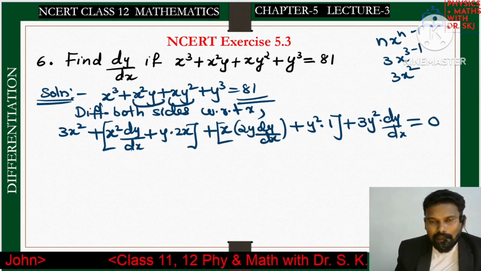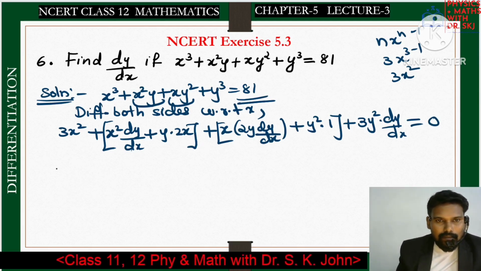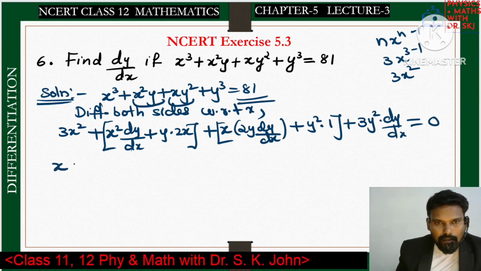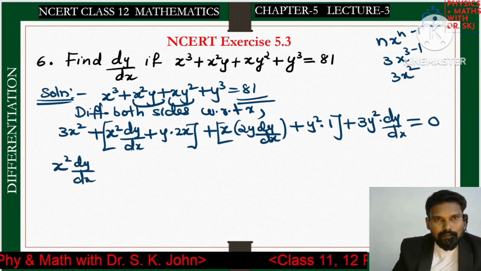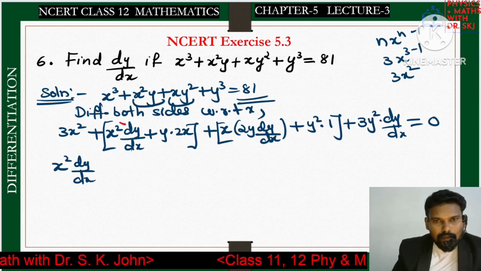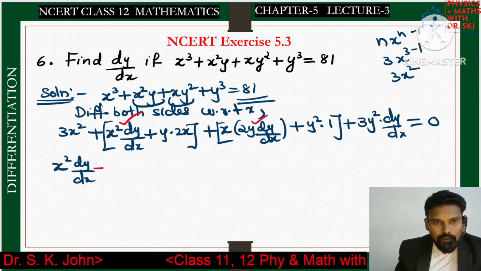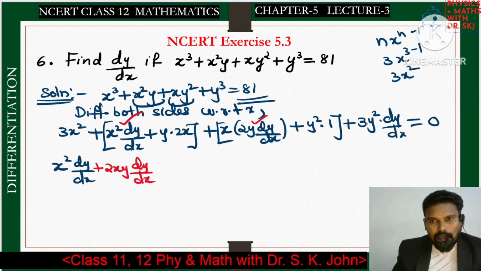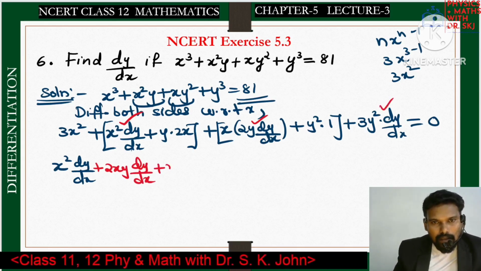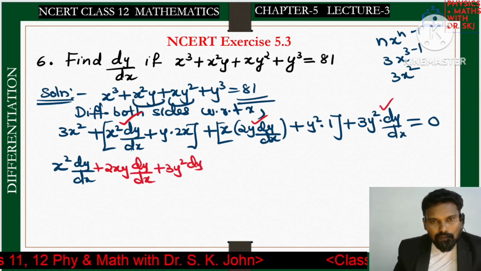Now we have to group the terms containing dy by dx. There are three terms. x square dy by dx is this term. Then we have 2xy dy by dx. Then we have another term, plus 3y square dy by dx.